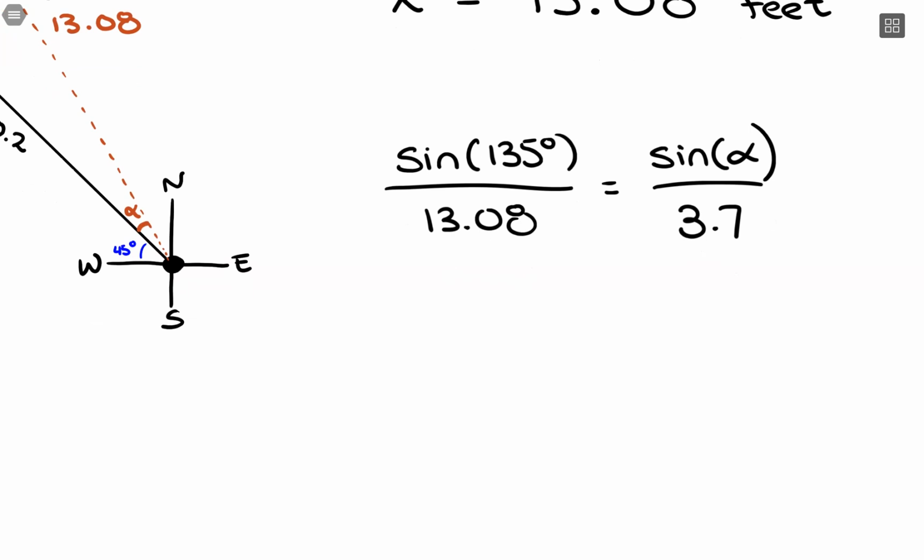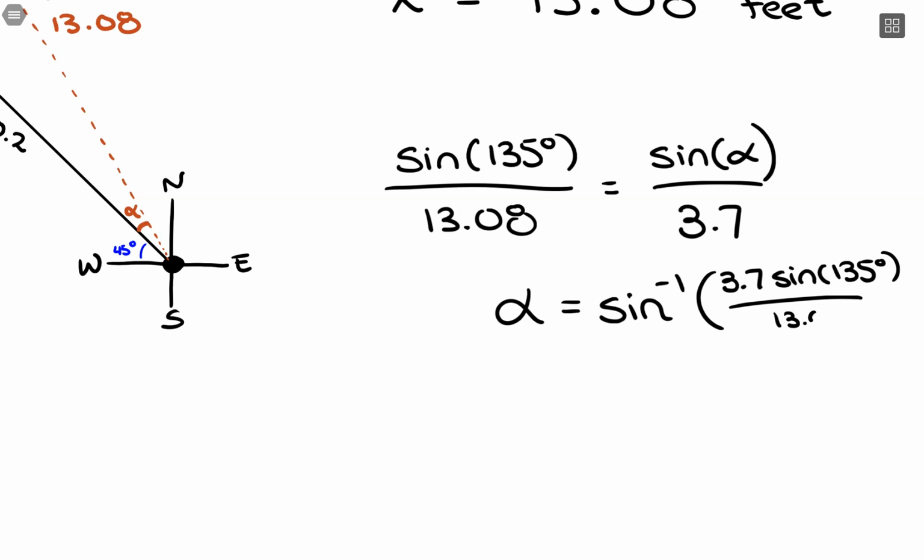And then solving for alpha, we want to take the inverse sine of 3.7 times sine of 135 over 13.08. And plugging that into the calculator, that's giving us 11.54 degrees.